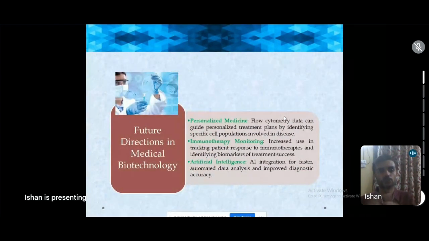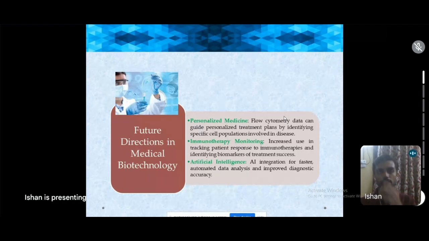Now the future directions in medical biotechnology. What will be the future of medical biotechnology using flow cytometry and its advances? It is about personalized medicine or individualized medicine, which is of very much importance.